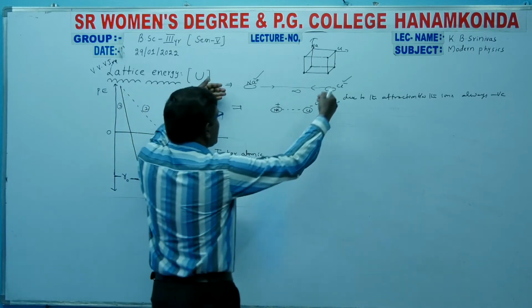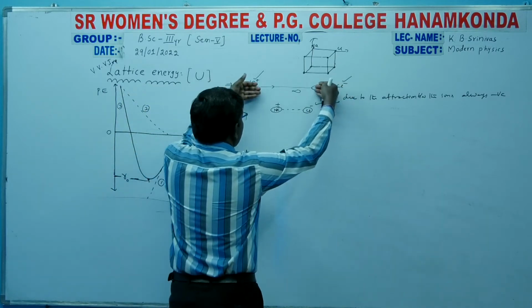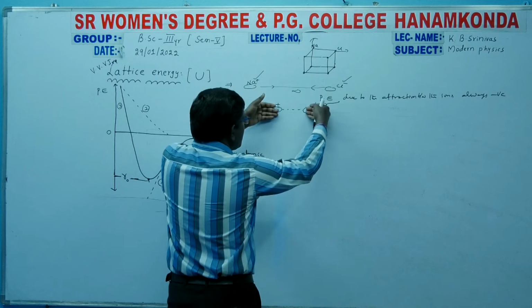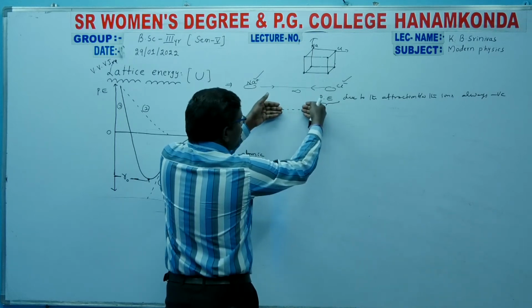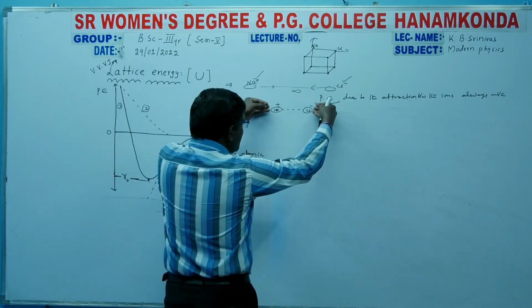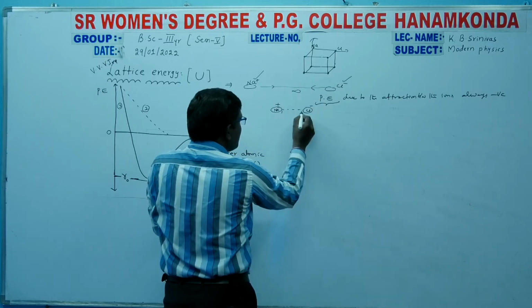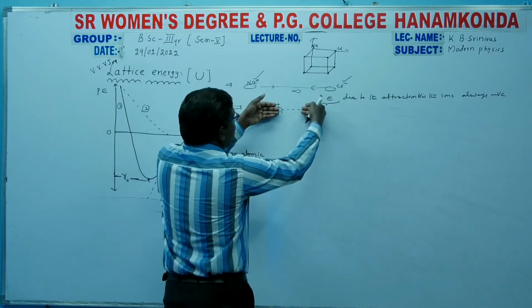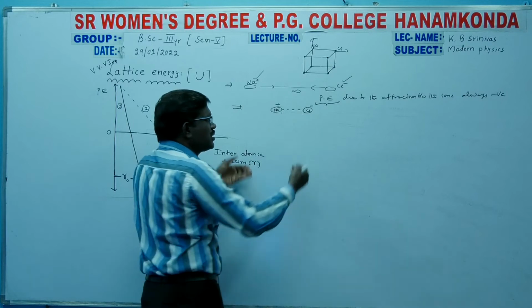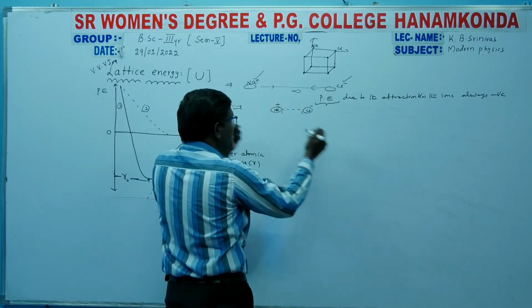See, due to this attraction, definitely they will come very close to each other and they stop. Why have they stopped instead of coming closer? Because after reaching this minimum distance, the attraction force immediately becomes a repulsion force.